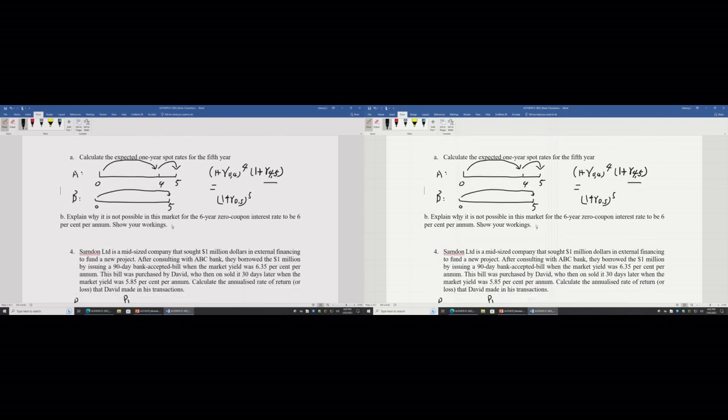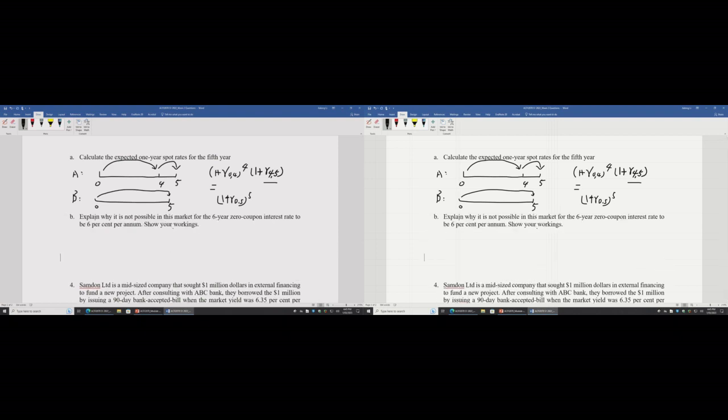So how can we do that? The same idea. Think about the two investment options, A and B. Remember, when you deal with the expectation theories, always think about the two investment options, and they should yield the same results.